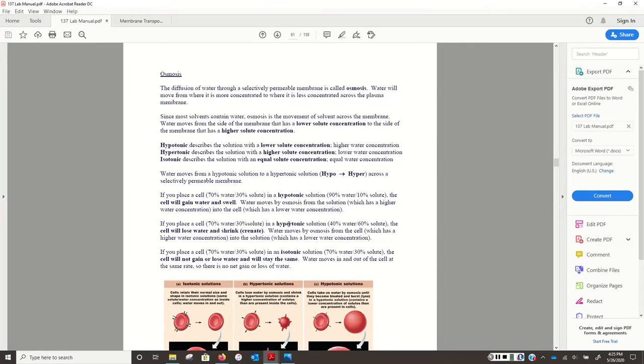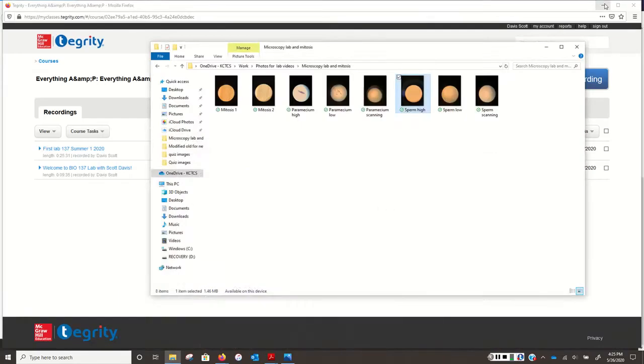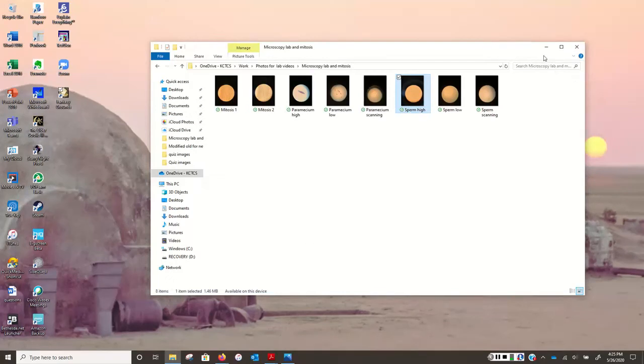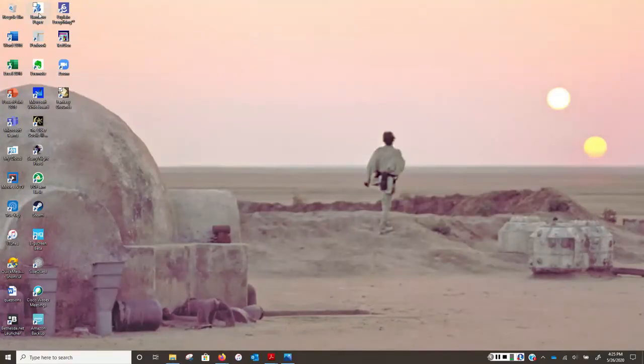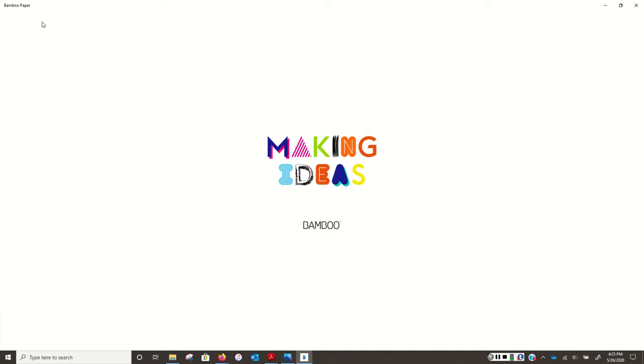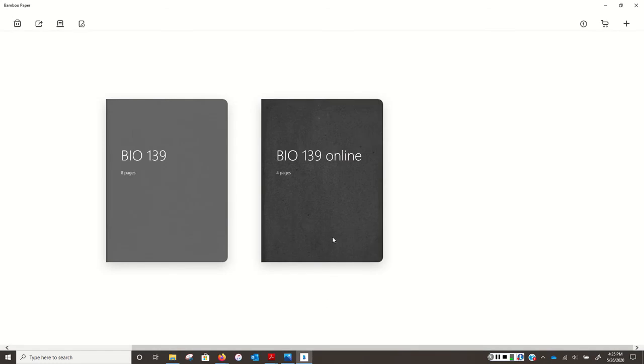So I'm going to actually shrink all these windows down and use a whiteboard to explain this. It's the diffusion of water across a selectively permeable membrane.